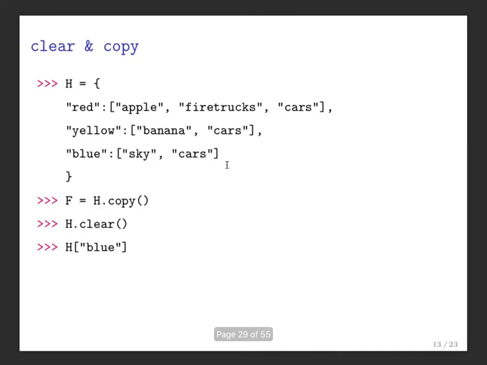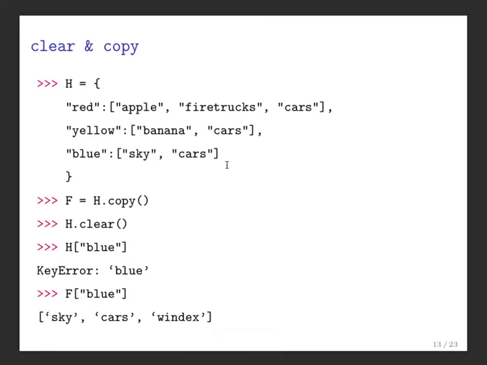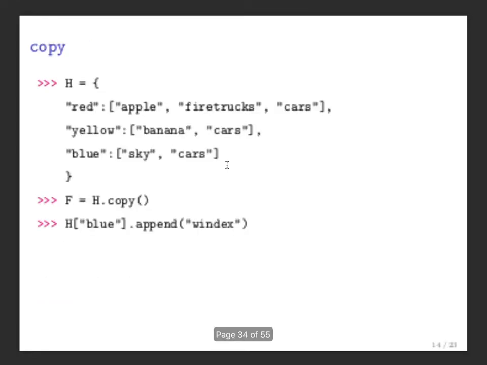Right? So H of blue is going to throw an error. Right? There's no key for blue. Dictionary is empty. But it is the case that F of blue exists. Because I had a copy of that dictionary. So clearing H didn't also clear F. Right? Because I used the copy built in. If I hadn't used the copy built in, both dictionaries would have been cleared.